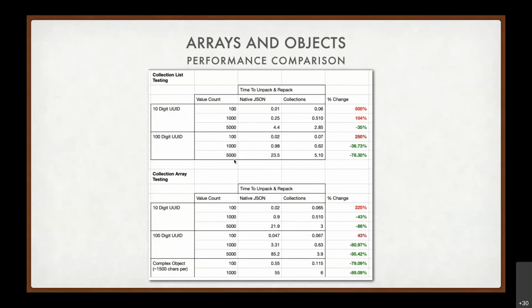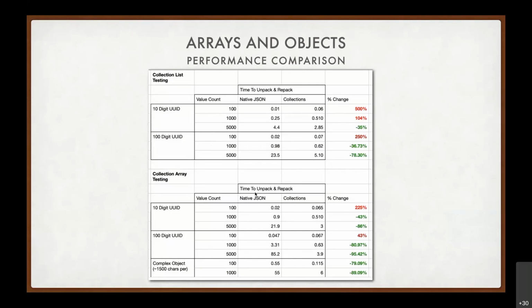If you explode it into a collection, now all of a sudden you only have one step to get to it. You can just ask for the collection number and you get right to it. So when I did that, I saw an 80% reduction. If you have 100 digits and 5,000 values, that's where I saw a real significant drop. Wow, that went from 23 seconds to 5 seconds.